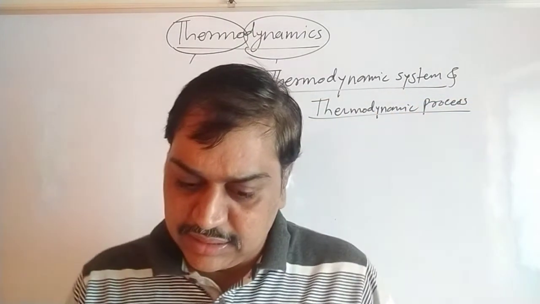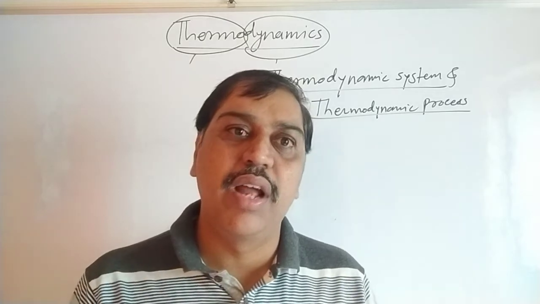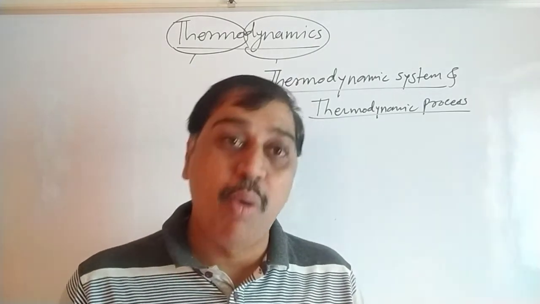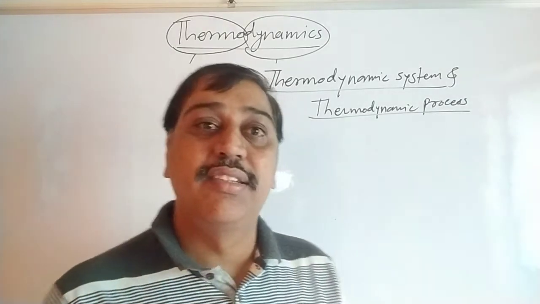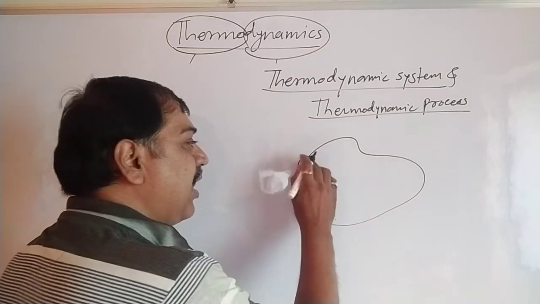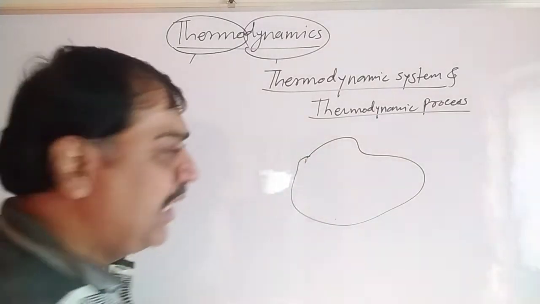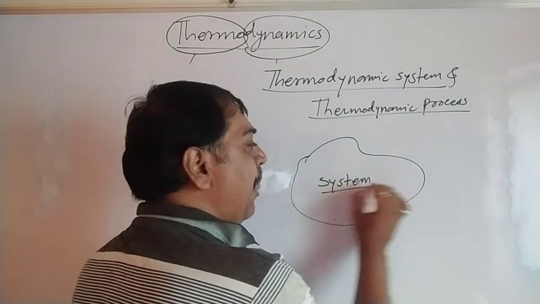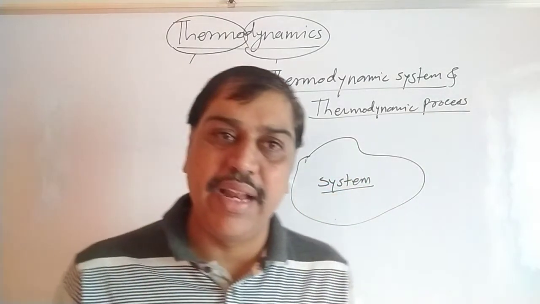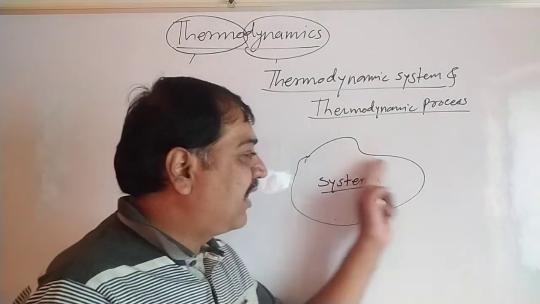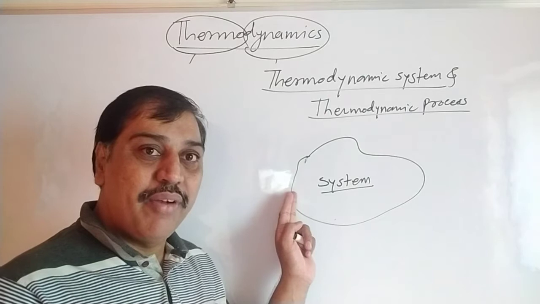For that, it is essential to learn about the system, thermodynamic system, thermodynamic process, boundary, and apart from this, the surrounding, which is said to be the environment. In your book, they have drawn an irregular shape diagram and called it a system. A system means a particle or number of particles considered for observation or for an experiment.